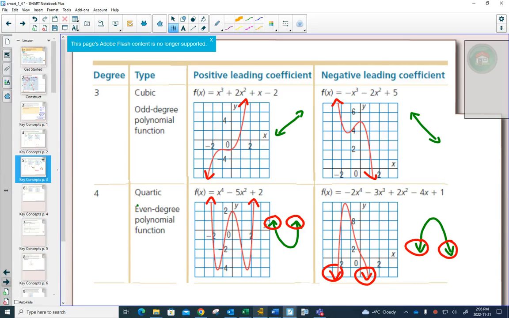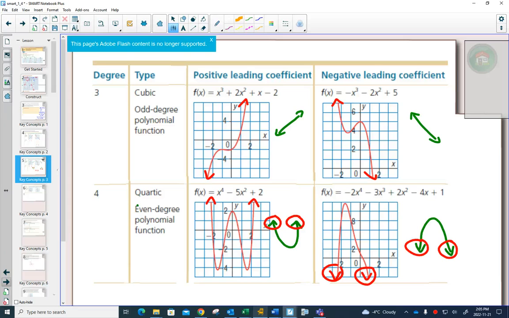So now we at least know where any graph will start and finish, whether it's cubed, or fourth, or fifth, or sixth, or seventh, or eighth, or ninth. This works for any polynomial function all the way through. And this idea of acting like a parabola or acting like a line, for me, I found is the easiest way for students to remember the end behavior.